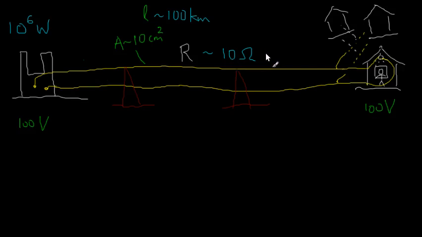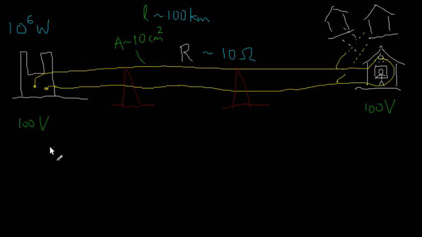But it's only 10 ohms, and our appliance in the house would often have much higher resistance. Even our light bulb might have a higher resistance. So I'm just going to take it as about 100 volts, and I'm going to calculate how much heat will be lost through heating in this 10 ohms.